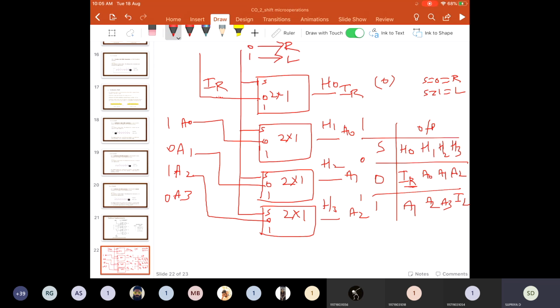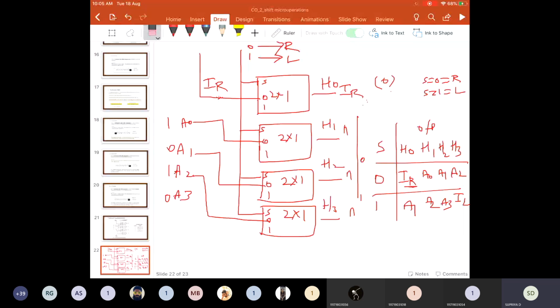The same thing we are achieving by constructing the logical circuit in this way. Whatever serial input is given, you are getting it from IR, which is given to the multiplexer. Shift right operation is performed when we have 0.